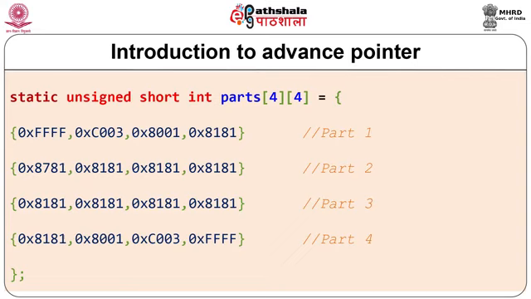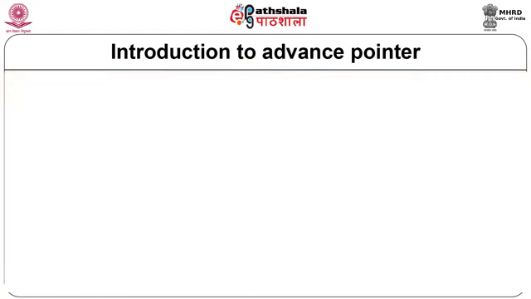Part 2 is the memory address of the next 4 elements. Part 3 is the memory address of the next 4 elements. Part 4 is the memory address of the next 4 elements. So in this we have made provision for 16 elements and therefore 16 memory addresses divided into part 1, part 2, part 3 and part 4.